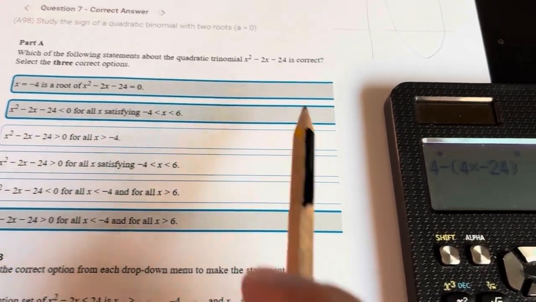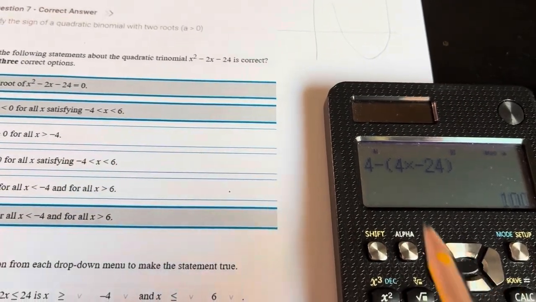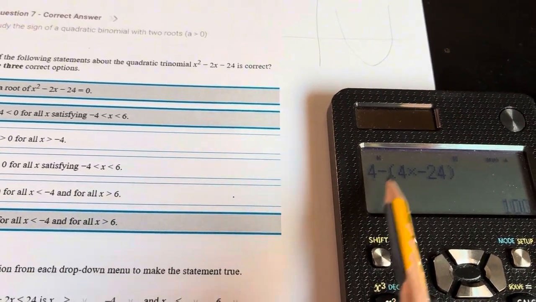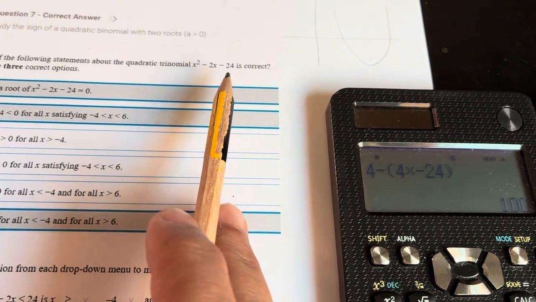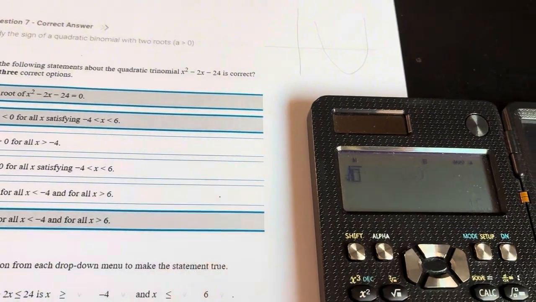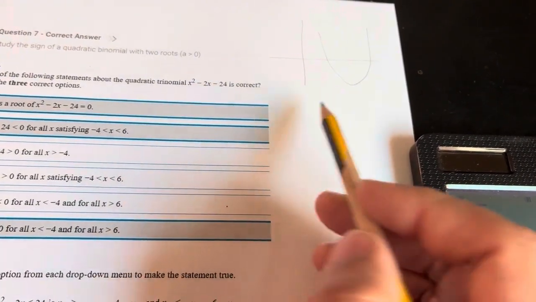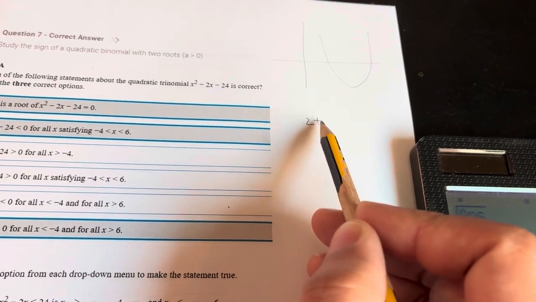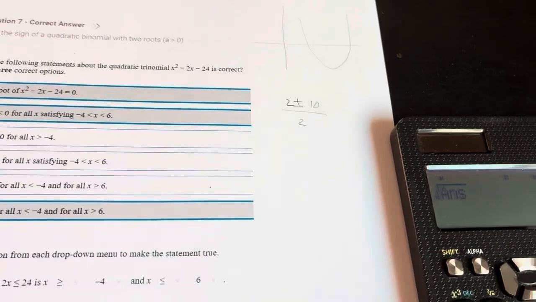Question 7, which of the following is true about this equation? So x squared minus 2x minus 24. I'll get b squared, which is 4, minus 4 times a is 1 times c is minus 24. You get 100. So let me get the roots. Radical 100 is equal to 10. So your solution is minus b, minus b is 2, plus minus 10 over 2a, so over 2.